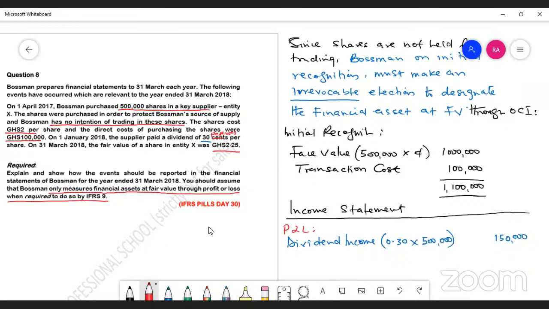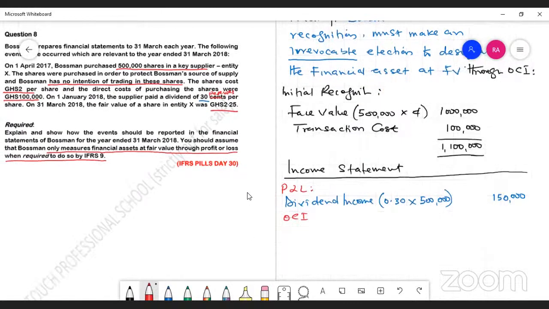Then we go to OCI. We deduct the initial amount recognized of 1.1 million from the balance at the end of the year. They said that the value has increased to 2.25 at the end of the year.